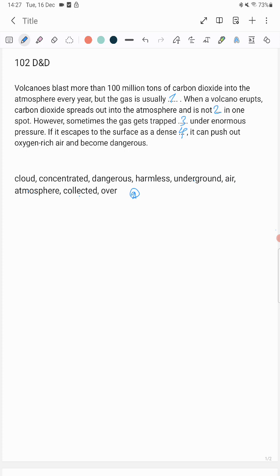But we need to match all of them, they are matched to each other. So, for example, concentrate is matched with collected, because it's a verb and the past participle, two of them. And cloud, air, atmosphere go with each other, danger, harmless, and over and ground.